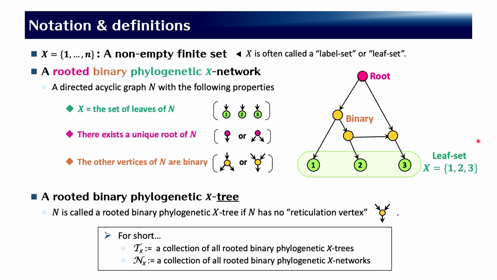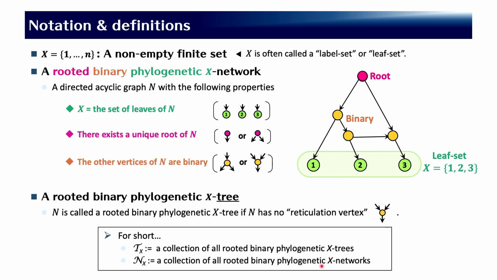First, there exists a one-to-one correspondence between the label set X and the set of leaves of N. Second, N has a unique root whose in-degree is 0. Third, any other vertex has in-degree 1 and out-degree 2, or in-degree 2 and out-degree 1. A vertex of in-degree 2 and out-degree 1 is called a reticulation vertex of N.